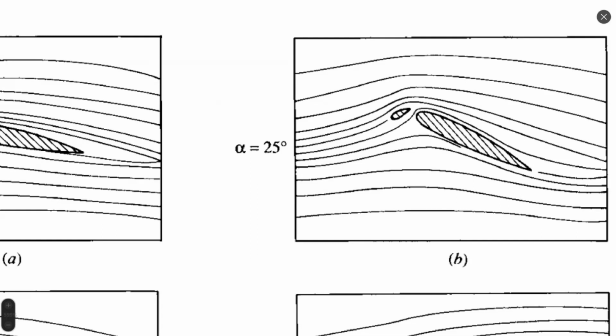This LED is in such a relation, in such distance and inclination to main airfoil that it organizes flow in such a way, avoiding flow separation at 25 degrees. I would like to remind you that we already had flow separation for this airfoil at 15 degrees. So without LED, we can work until 15 degrees. With LED, we can work until 25 degrees and can gain additional lift.